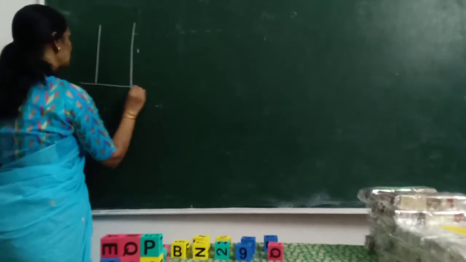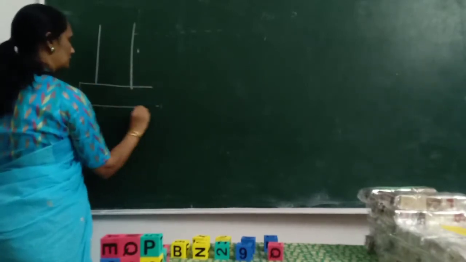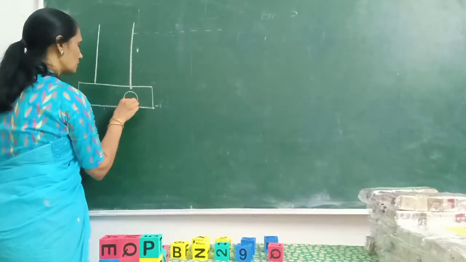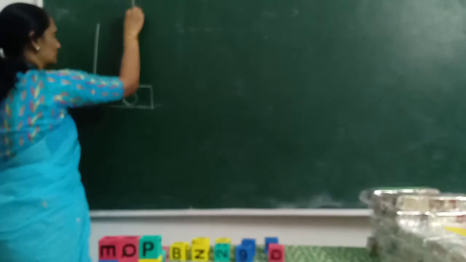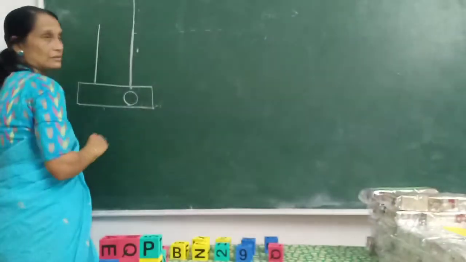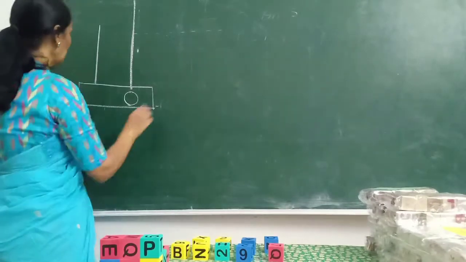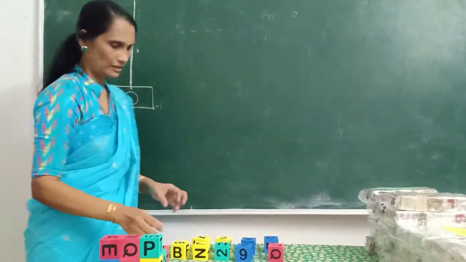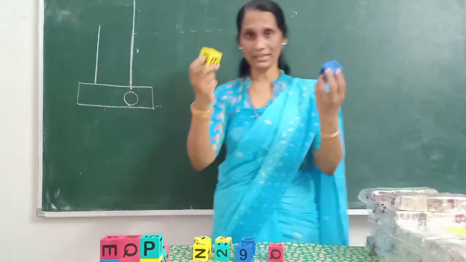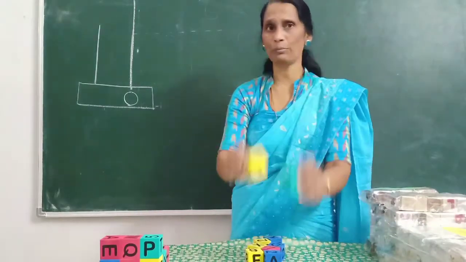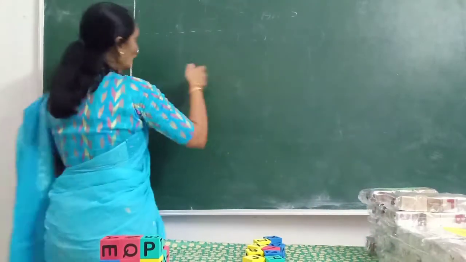Let us call it an abacus. We will represent ones on this line. So in 9, how many ones are there? 9 ones are there.